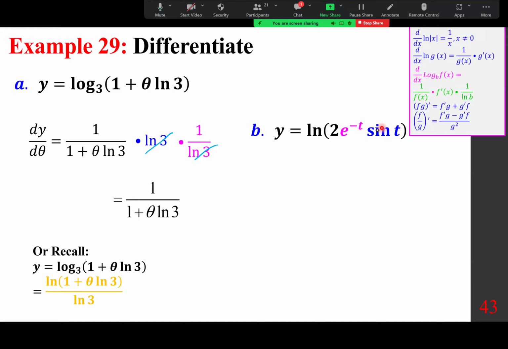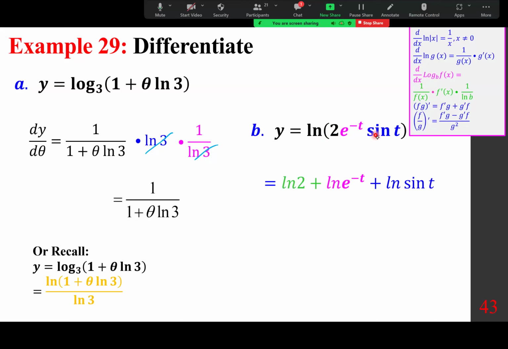So we are going to use the properties of logs, in this case the product rule, to decompose the log. So this is ln of 2 plus ln of e to the power minus t plus ln of sine t.